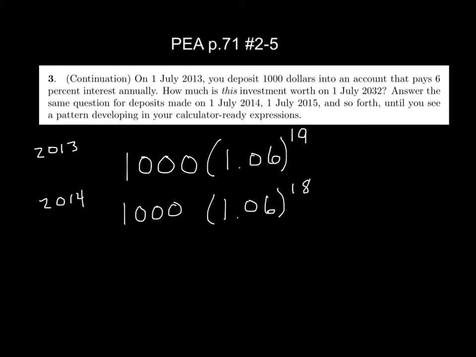And then 2015, same thing, but that's only going to be in there for 17 years. And you can keep on doing this forever. So the goal, and we're probably going to see it in the next problem, is that instead of making one deposit and putting it in there for 20 years, now we're doing multiple deposits of the same amount. So you're doing the same $1,000 every year until the 20 years is up.